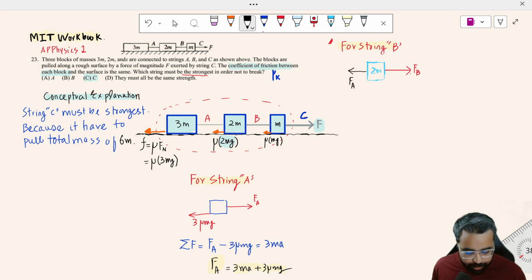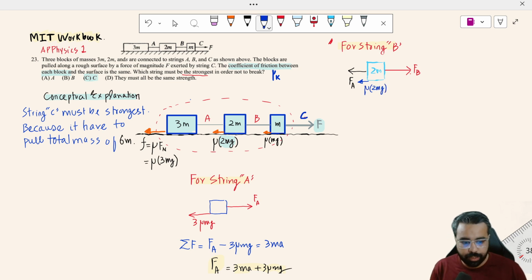Because it is a reaction pair. This force Fa is the reaction pair of the force which was accelerating 3m. So what is the net force for this? The net force will be Fb minus, don't forget to include this frictional force, which I have already mentioned is mu into 2mg.